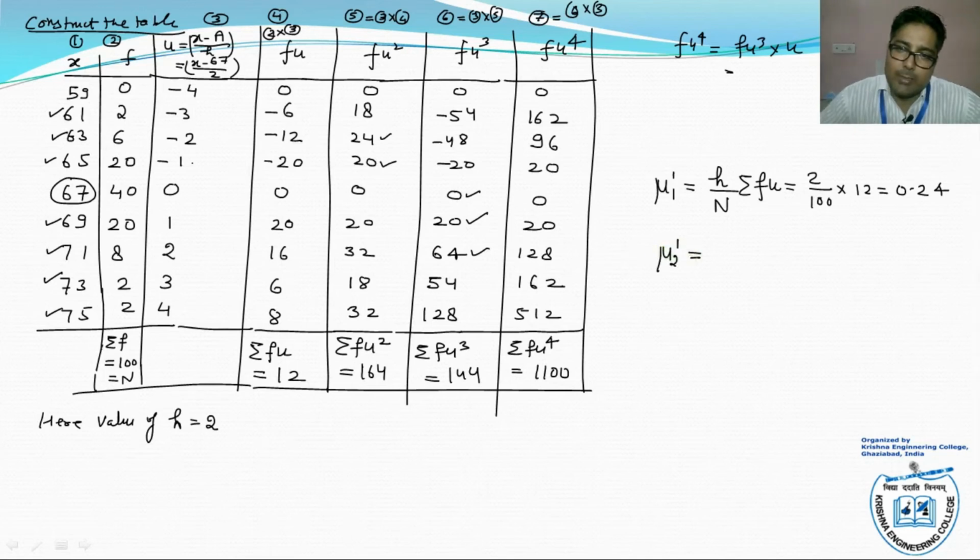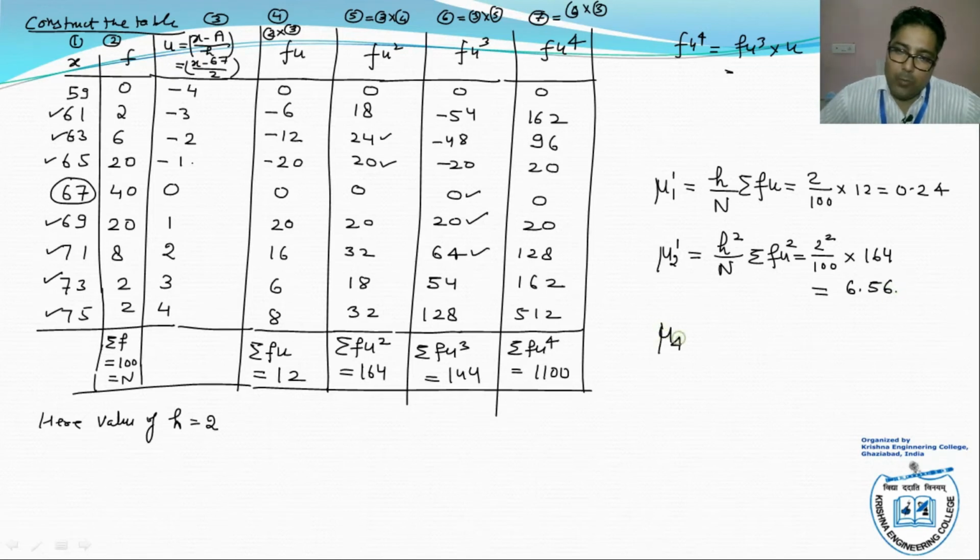Mu 2 dash is h square by n sigma fu square, 2 square by 100 into sigma fu square is 164. So this becomes 6.56.